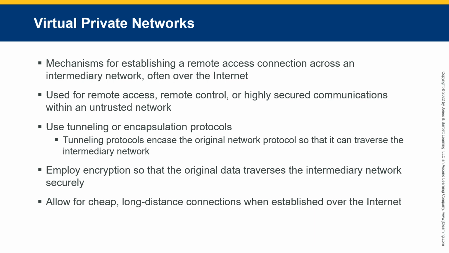Many of them employ encryption so that the original data traverses the intermediate network securely, and they allow for cheap, long distance connections over the internet. So you can eliminate those dial-up networking phone calls that were utilized in the past.